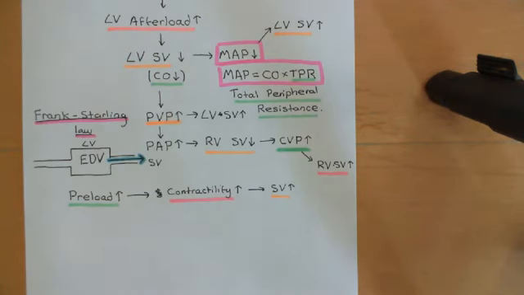Mean arterial pressure going down is seen as a homeostatic emergency, and there are very powerful mechanisms for bringing arterial pressure back up. This is what we're going to see later on. The problem is that these actually end up having deleterious effects for the heart.